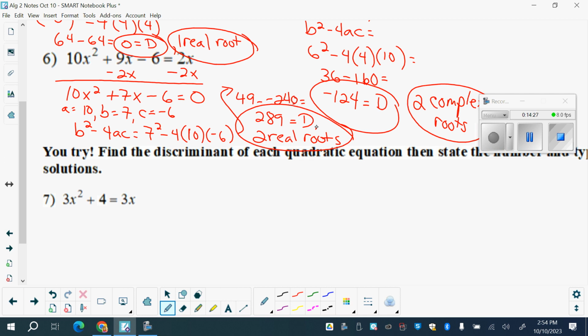We'll make sure you understand it. Beautiful. Feel free to fold your paper in half if you don't want other people to see it, if you want to keep it private.